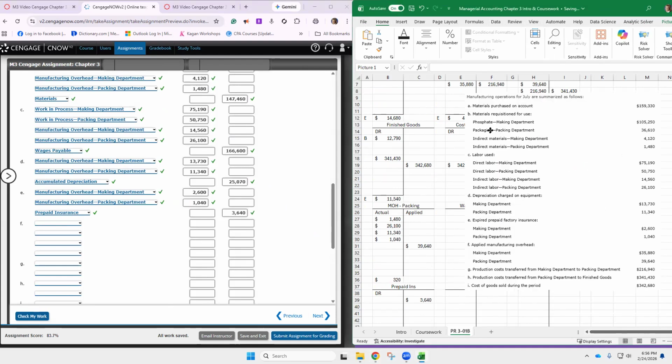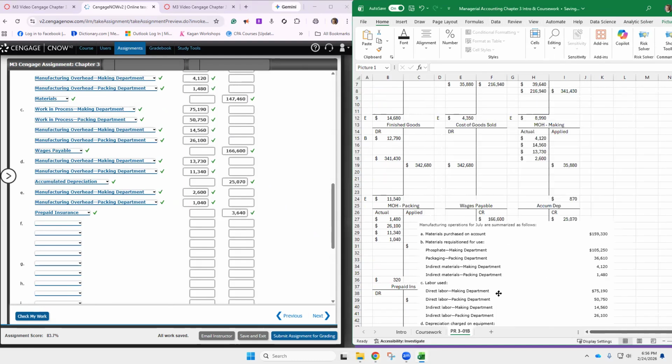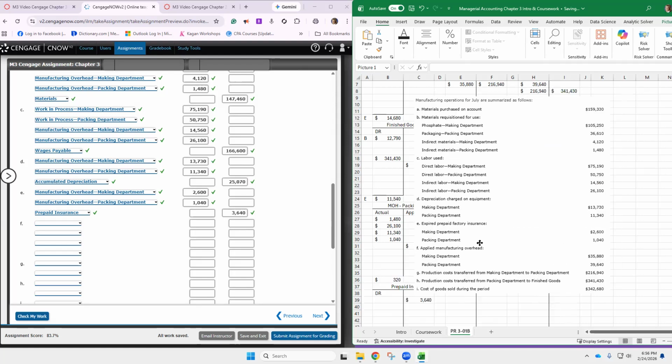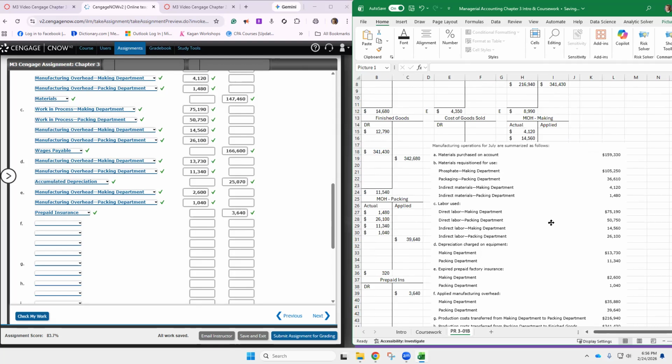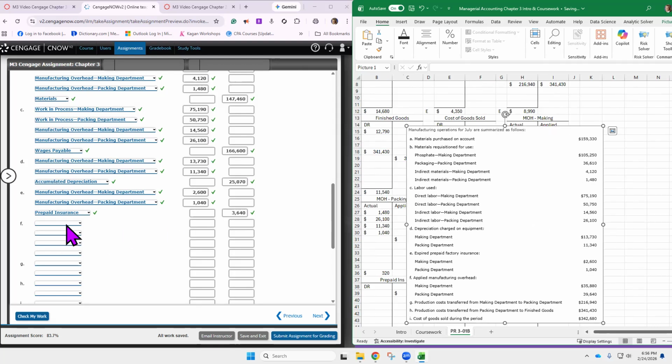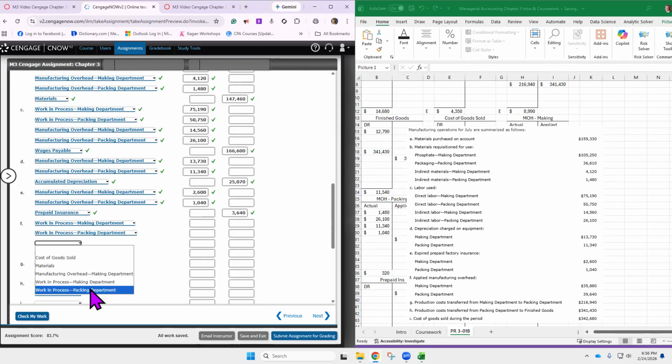We're going to apply manufacturing overhead. Applying it, that's why I've taught you this. So we're applying it to work in process, each of those, and then each one will be a credit to that manufacturing overhead account.